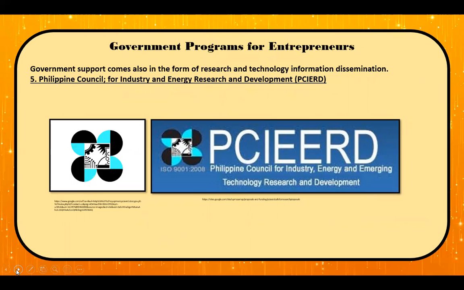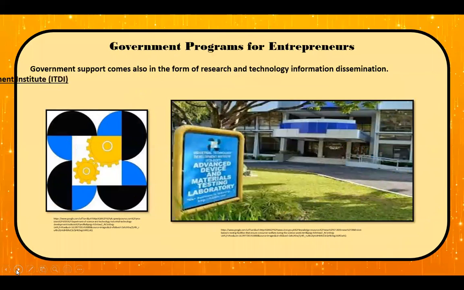So this is under the Department of Science and Technology, and it is in charge of the use of indigenous resources and technologies in the introduction of new or improved product processes. So it provides technical and financial support, establishes a national network of institutions for various research and development programs, and others. Next, we have the Industrial Technology Development Institute, or ITDI. So it is also under the DOST.